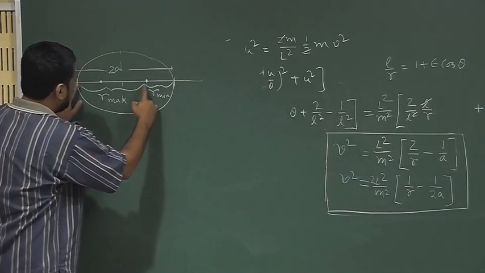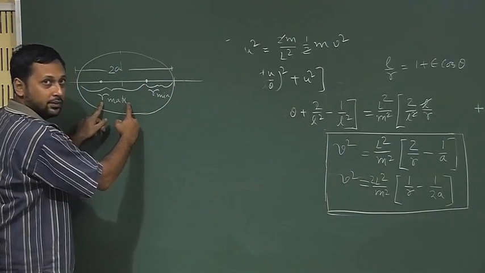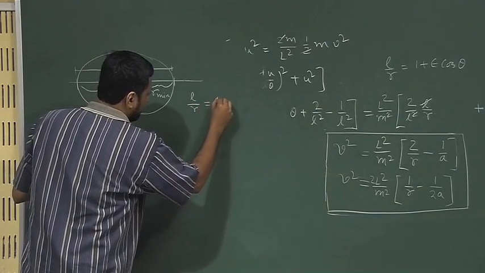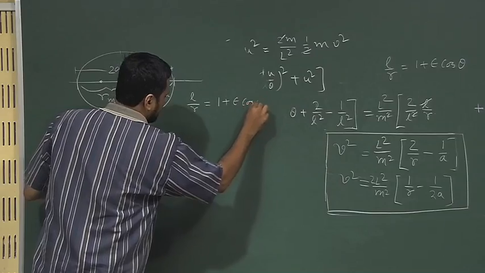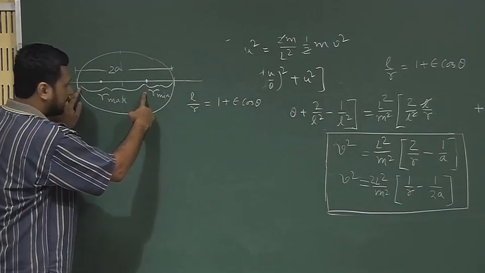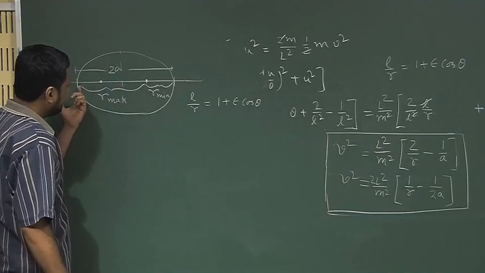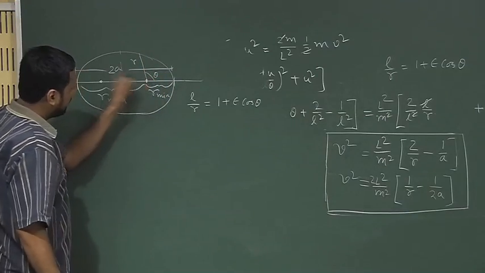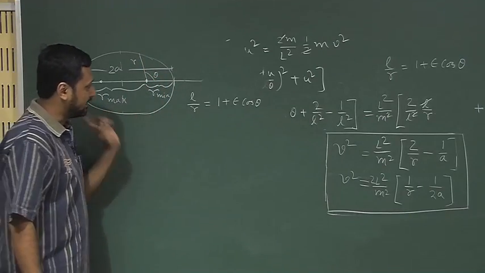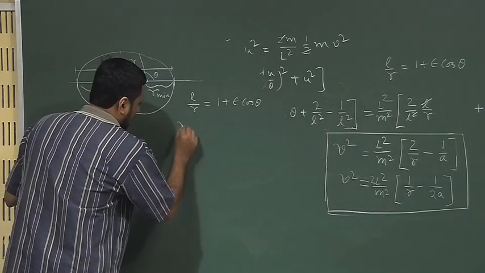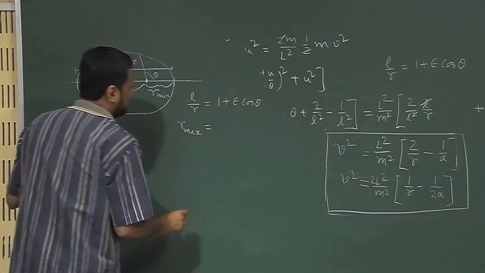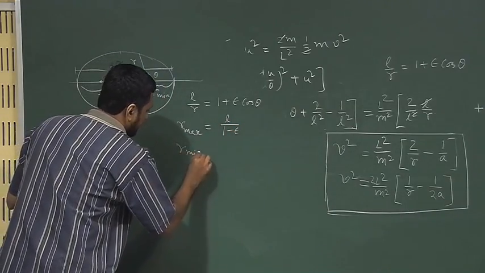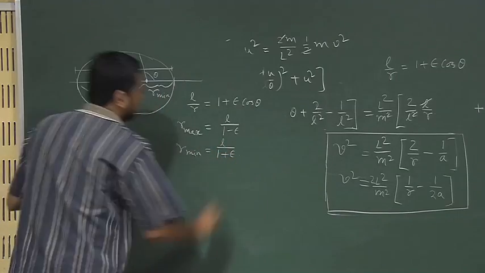The equation once again is L by r equals 1 plus epsilon cos theta. Please remember for any displacement this is your r, this is your theta. If you put theta equal to 180 degrees, you get the maximum value for r. So, r max is L by 1 minus epsilon, r min is L by 1 plus epsilon.